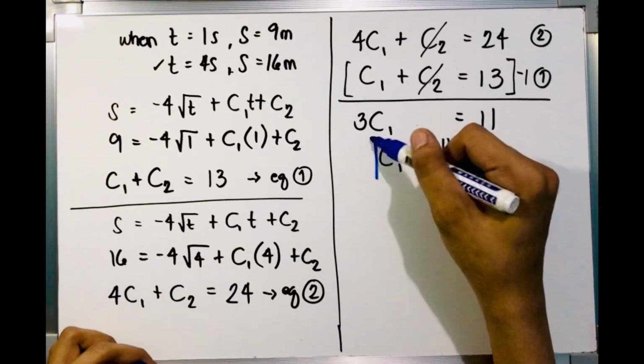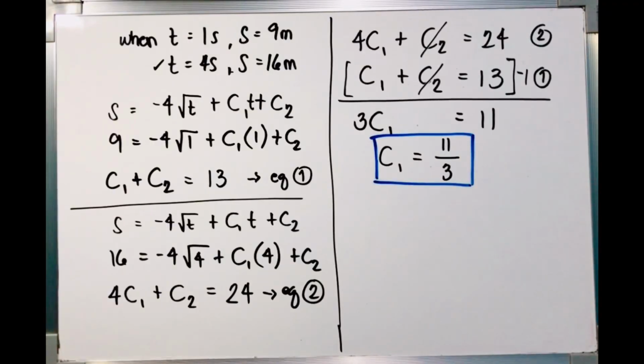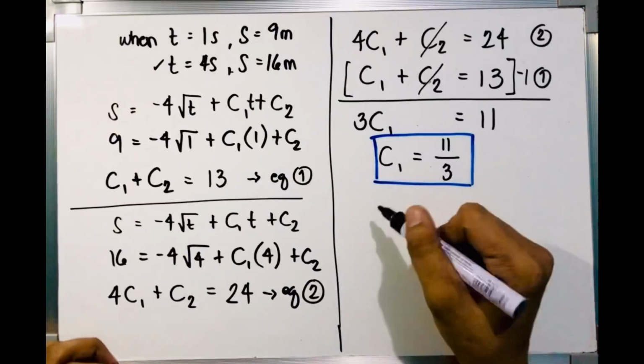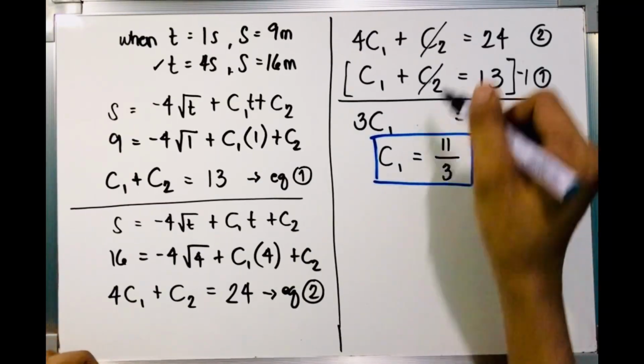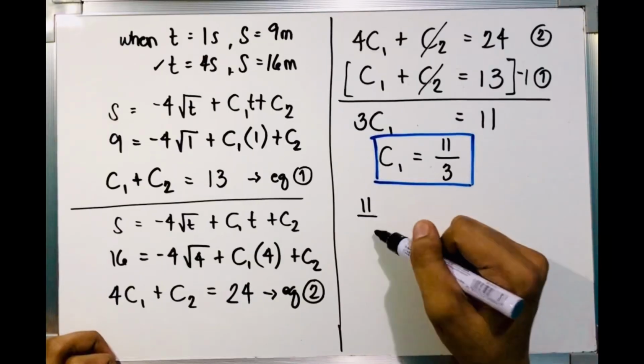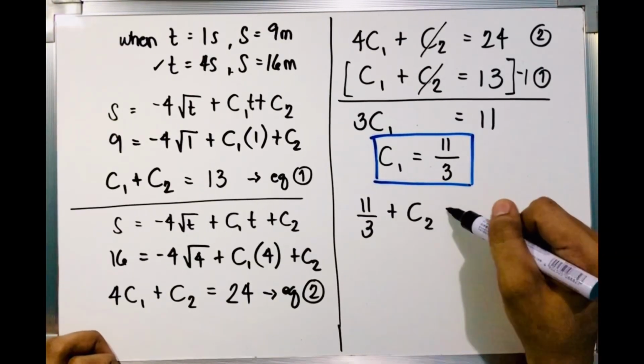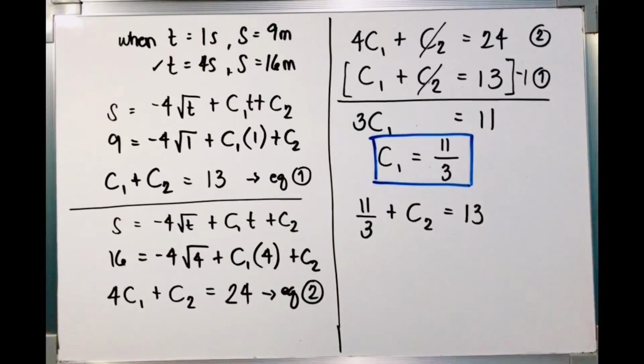So, to solve for c2, I can just substitute the value of c1 to whichever equation. Pero mas pipiliin ko na si equation 1 kasi mas kukonti lang yung kailangan kong gamitin pasikot-sikot. So, I have my c1 as 11 over 3. Isa-substitute ko siya sa first equation. So, writing it down, that's my c1 plus c2 is equal to 13. That's my equation 1, di ba?